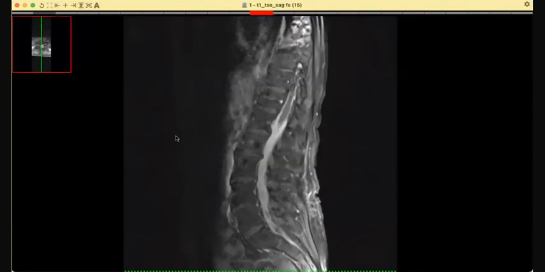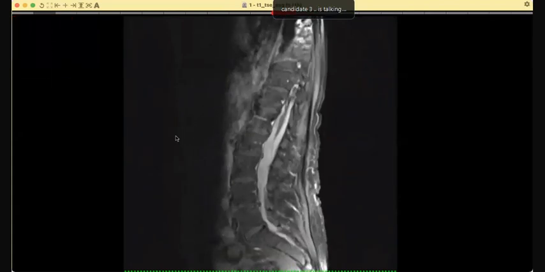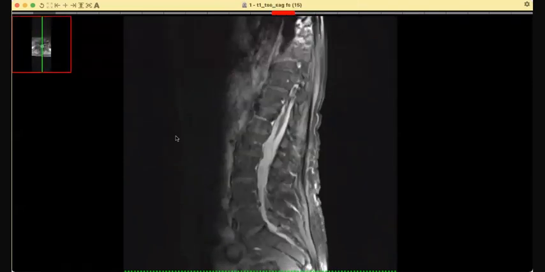I've given you a post-contrast, fat saturated T1. So this defected soft tissue sheet shows post contrast enhancement. And so what is the conclusion?